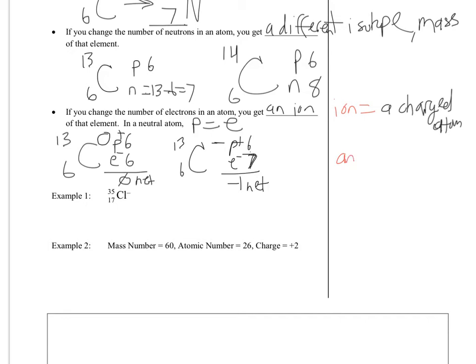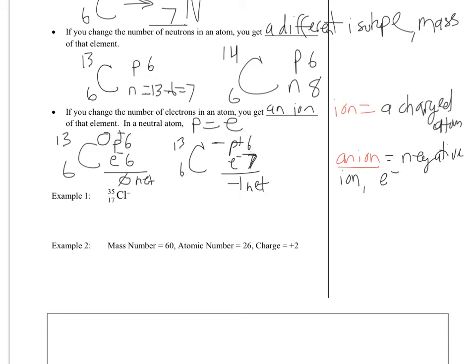So ions are broken down into two names. An anion is a negative ion, so a negatively charged atom. It gets that way because there are more electrons.